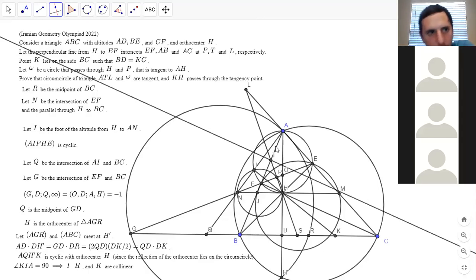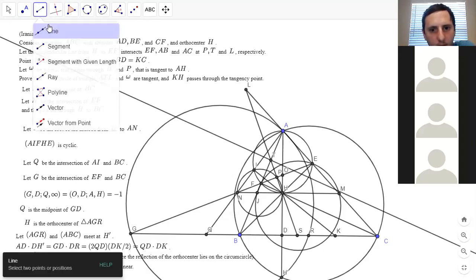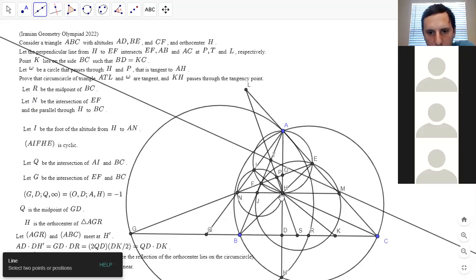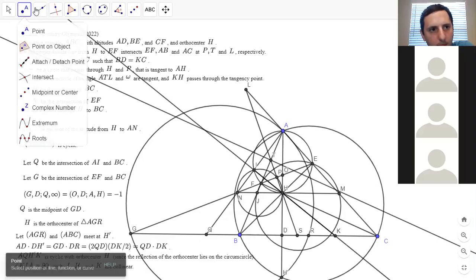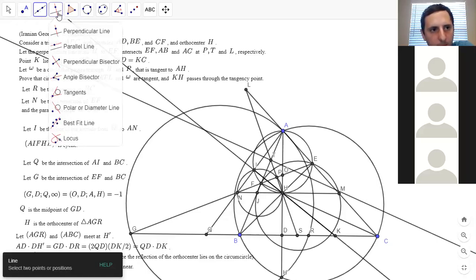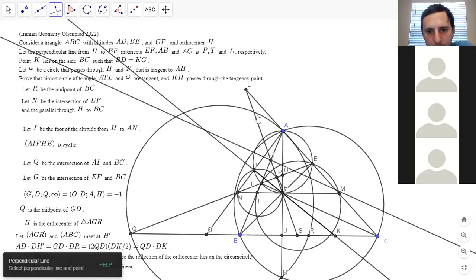And can you draw the line HI? HI, yeah. And the line through A perpendicular to AH. I will prove they are concurrent. Okay.